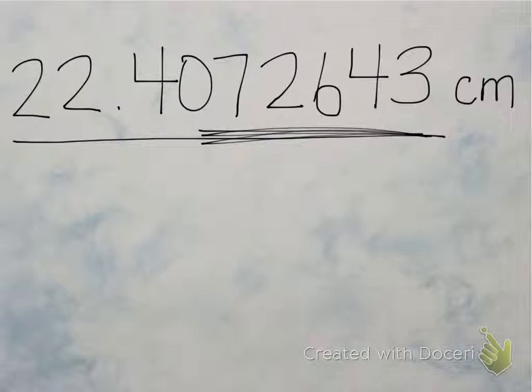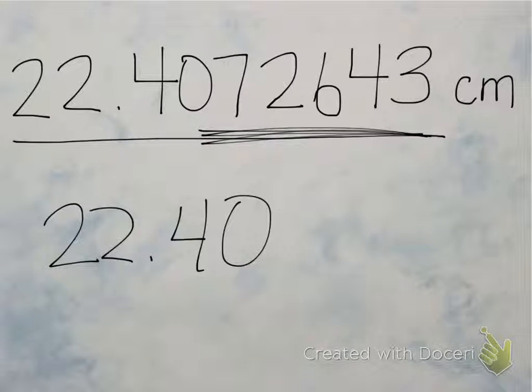We would be lucky if we could get that something was 22.40 centimeters off of a ruler. So what we're going to be doing is seeing how many digits actually have meaning. How many can we be certain are really applicable to our measurement? Remember that we only record and report the numbers that are significant in a measurement.